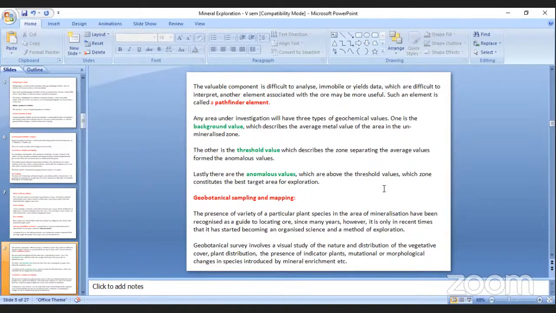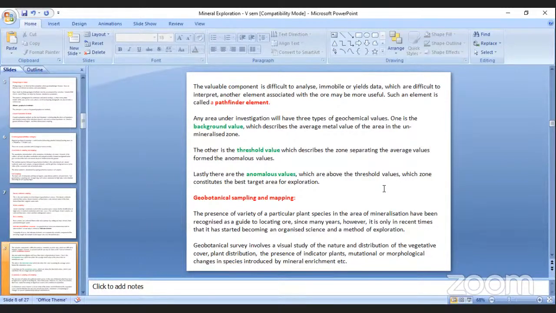If you are searching for gold, in the nearby areas you will have a chance to identify arsenic. That means we don't actually know whether it is arsenic or iron, but you're searching for gold.